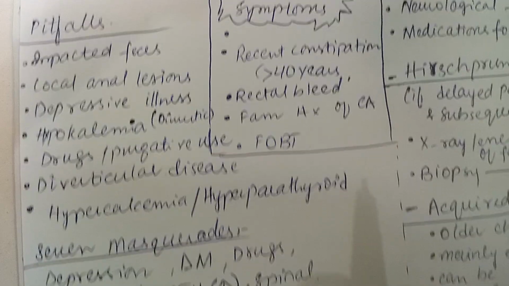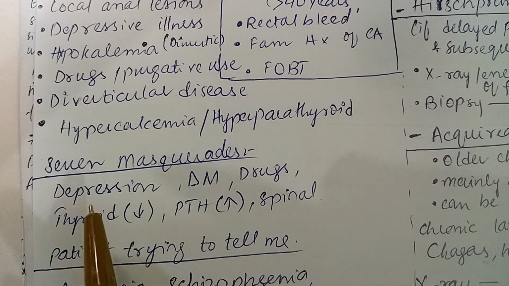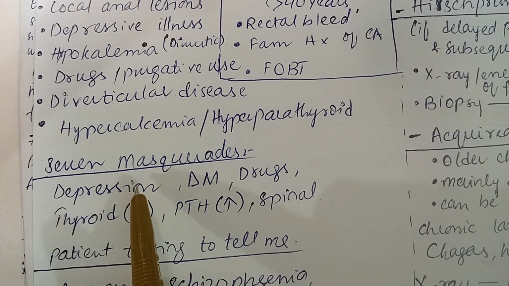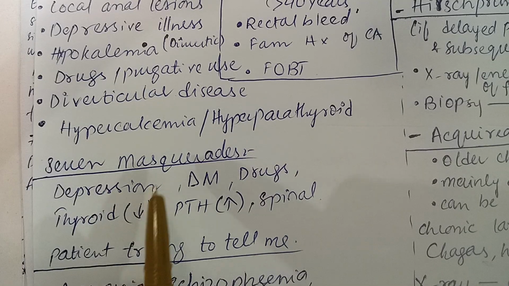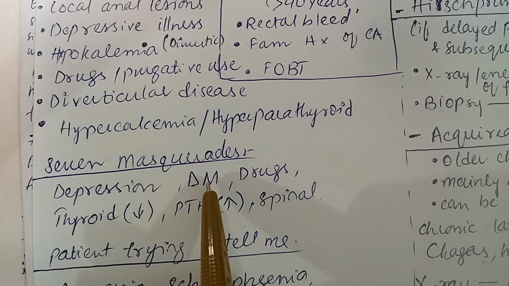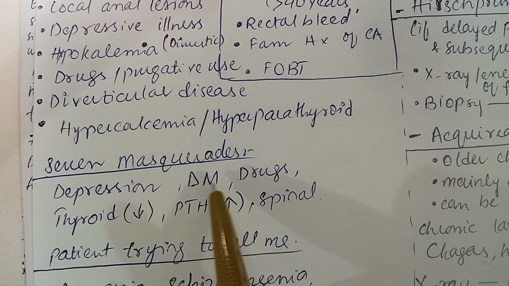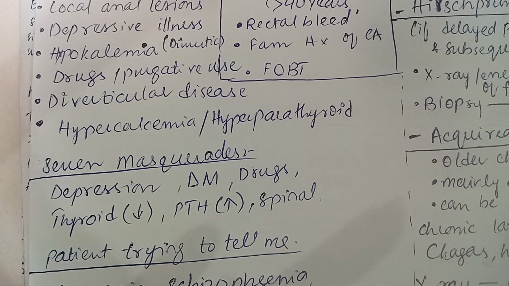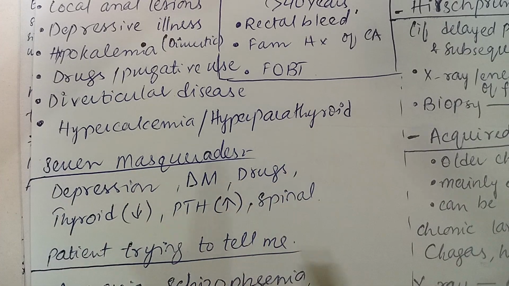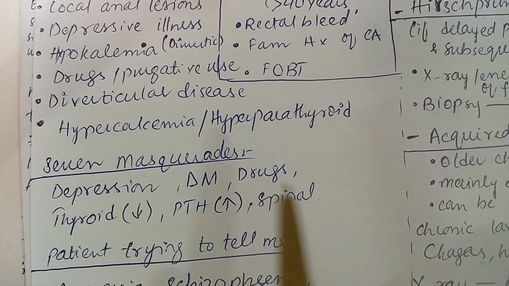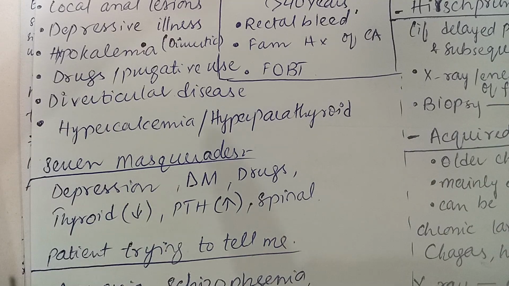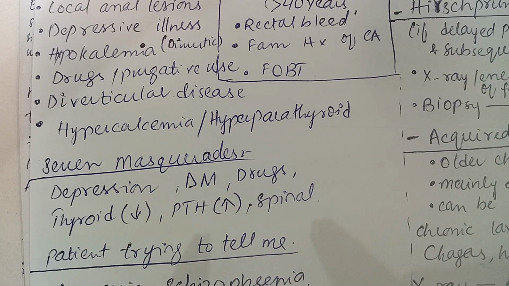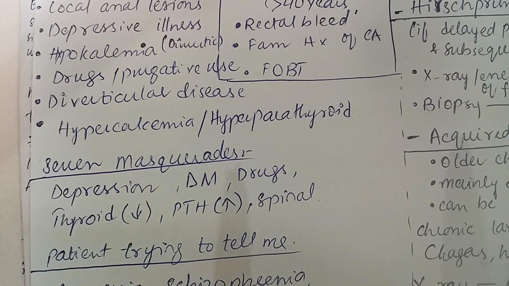Then we have our seven masquerades list, in which depression can be one of them, which can cause constipation. Then we have diabetes, which can cause constipation and diarrhea, alternate bowel habits due to autonomic neuropathy. Then we have certain drugs, and then we have hypothyroidism, hyperparathyroidism, and spinal dysfunction if severe.